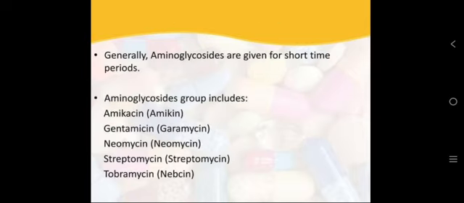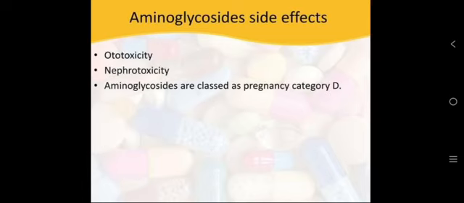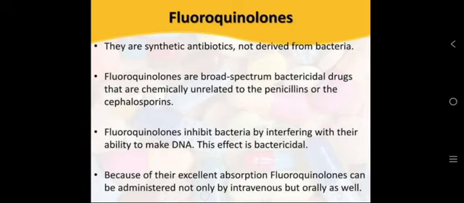Generally, aminoglycosides are given for short time periods. The aminoglycoside group includes amikacin, gentamicin, neomycin, streptomycin, tobramycin, etc. The side effects which occur in the administration of aminoglycosides are ototoxicity and nephrotoxicity, and aminoglycosides are classed as pregnancy category D drugs.